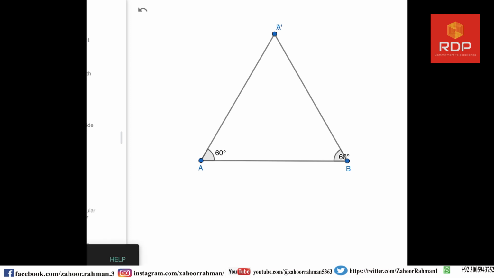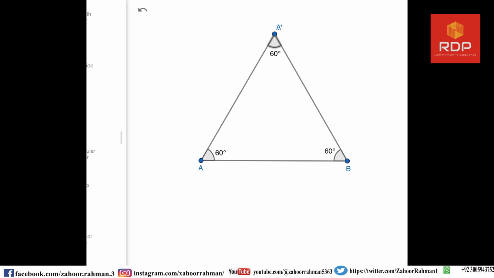Ladies and gentlemen, this is 60 degree, this is 60 degree. Now let's find the other angle. Let us measure it, and then we will see what is the value of that. A dash and B. There it is. It is also equal to 60 degrees. So all the angles are equal.